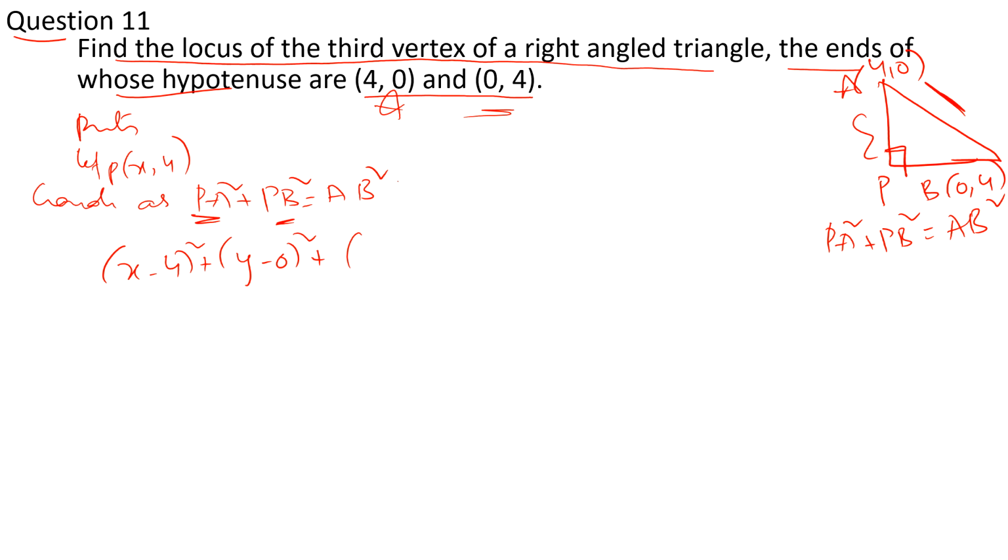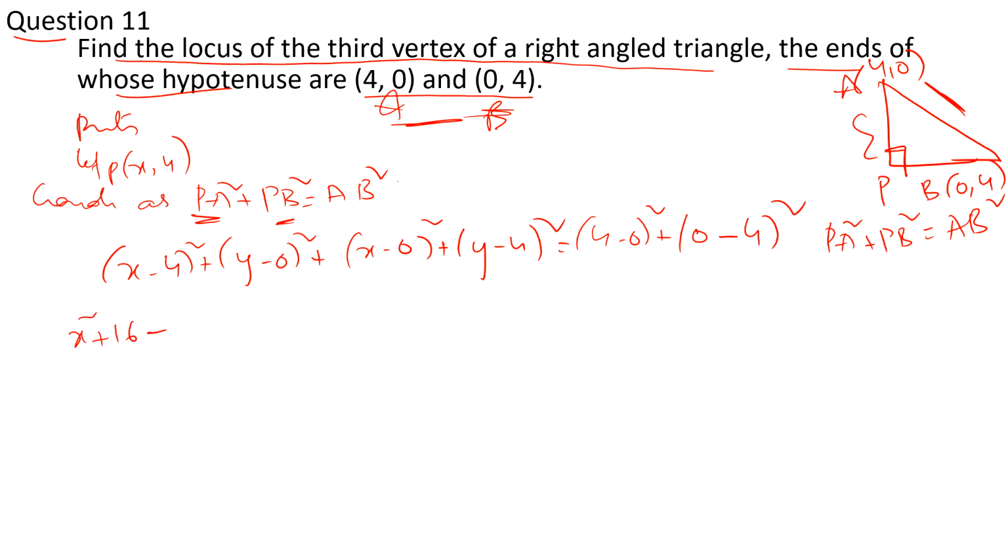This one is A and this one is B. So (x minus x2) whole square plus (y minus y2) whole square is equals to AB square, which means (4 minus 0) whole square plus (y2 minus y1) whole square. So x square plus 16 minus 8x plus y square plus x square plus y square plus 16 minus 8y is equals to 16 plus 16.